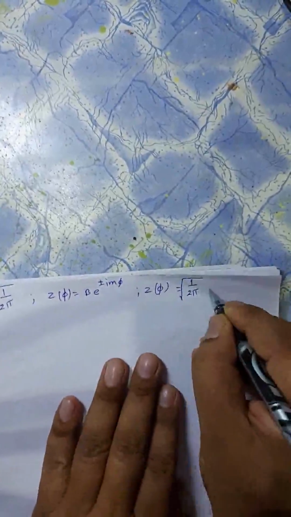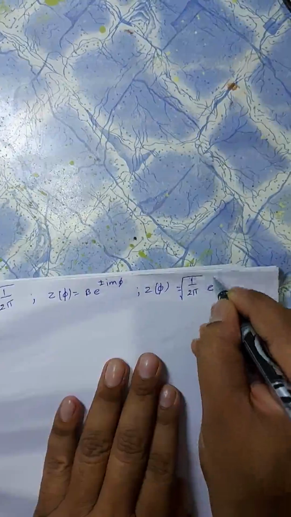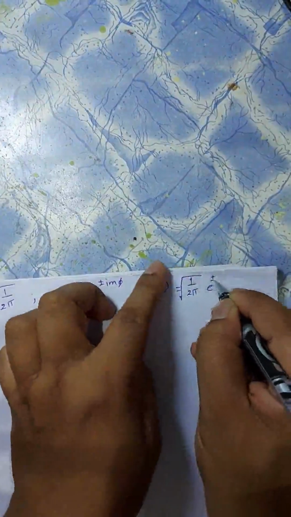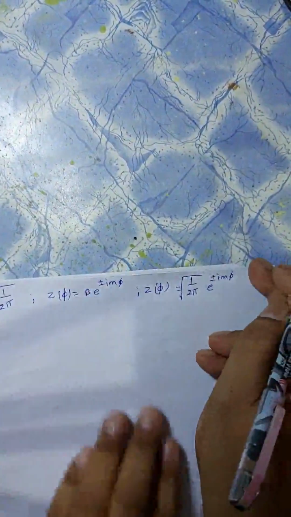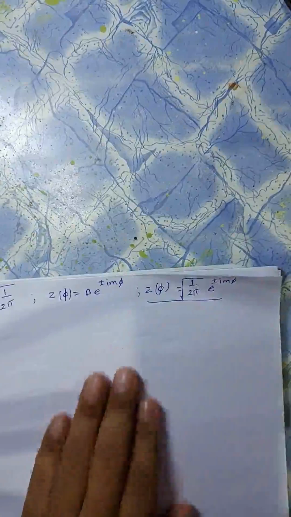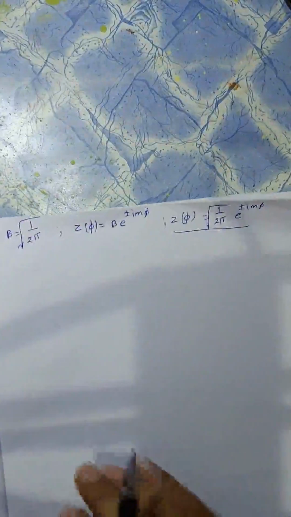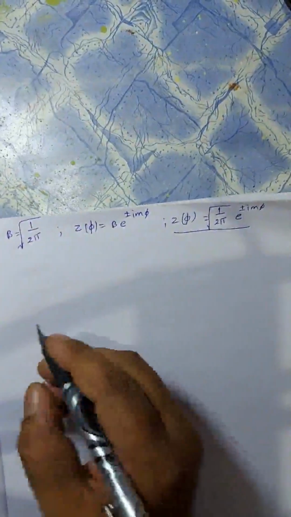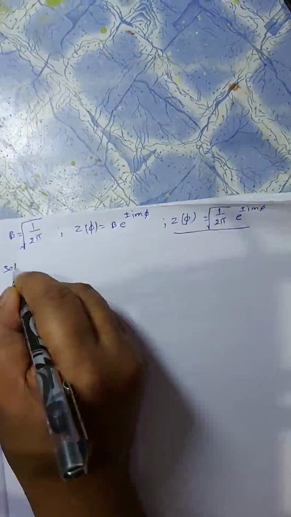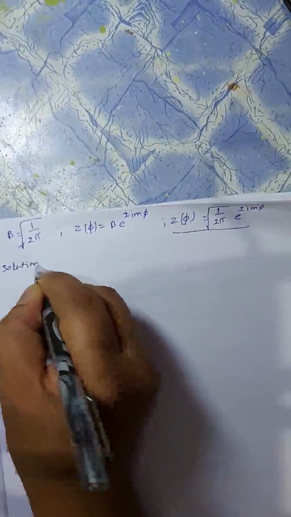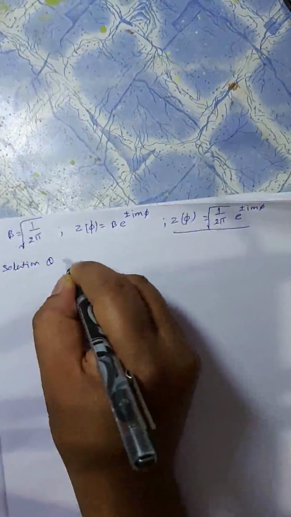So z phi is equal to the square root of 1 by 2 pi times e to the power plus minus i m phi. This is called the solution of the phi equation. Similarly we also find the solution of the theta equation. We also already derived this one, the theta equation.